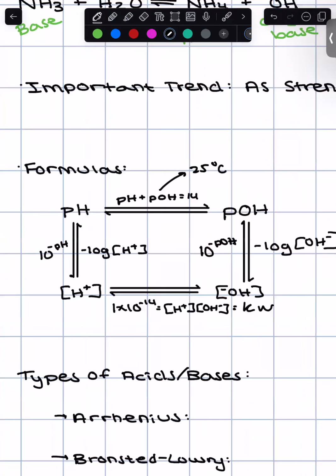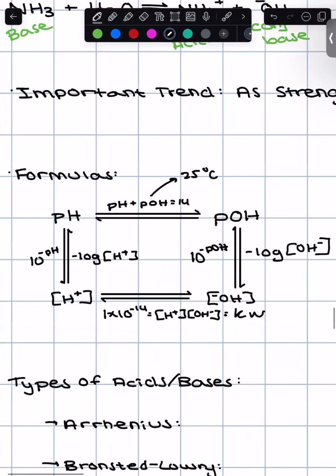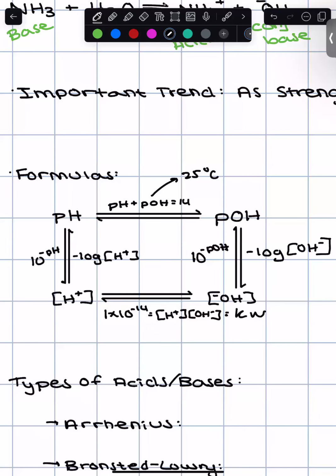There's not a lot for you to do besides just remember these and be able to interconvert between these values. A good way I recommend you practice is you just pick a pH and you calculate H plus, OH minus, and pOH from it. Or you can start anywhere that you want and just be able to find the rest of the values, because this is not something that they can make creatively.